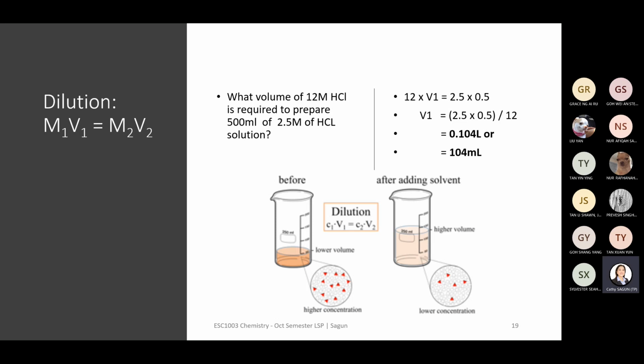Remember before dilution, you have a high concentration but the volume is less. But when you dilute, you have a higher volume but the concentration becomes lower. So at the end of the day, as I keep on mentioning to you, the number of moles before dilution and after dilution remains the same. That's why you can say the formula M1V1 is equal to M2V2.